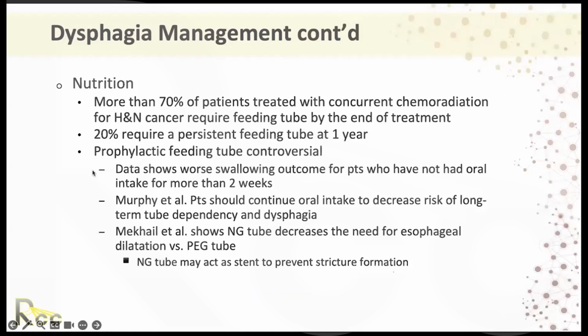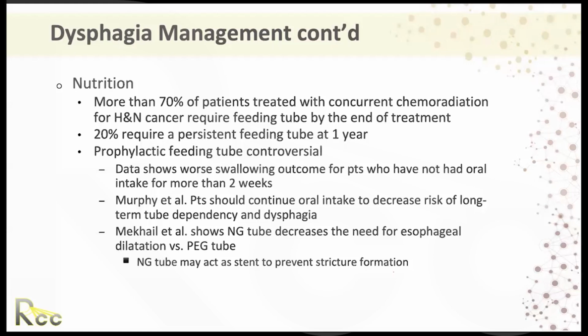Dysphagia, as we all know, can lead to poor nutrition, and this relates to feeding tube use. Prior to the routine availability of a speech language pathologist and a nutritionist on our team, 7, 8 years ago, we used to routinely put prophylactic G tubes in all of our patients undergoing chemotherapy and radiation. Now we don't do that, because having these folks on the team makes a big difference.